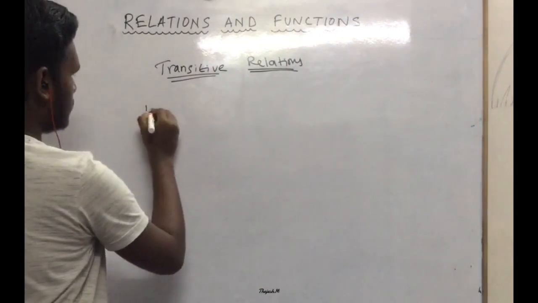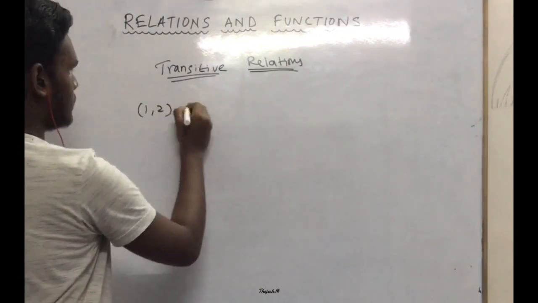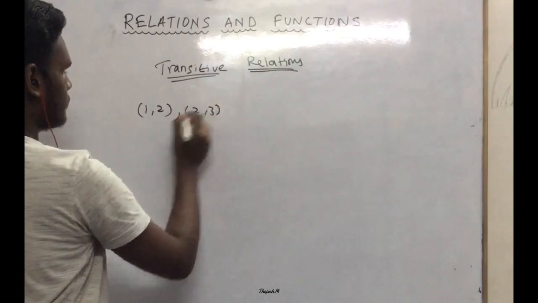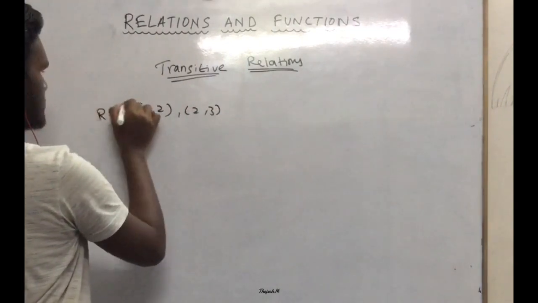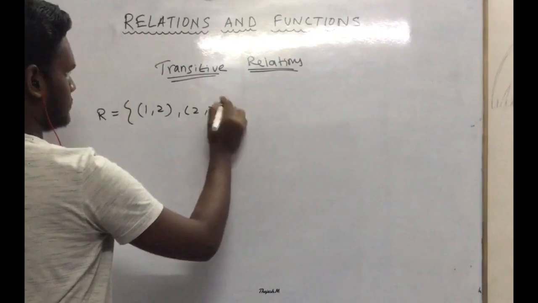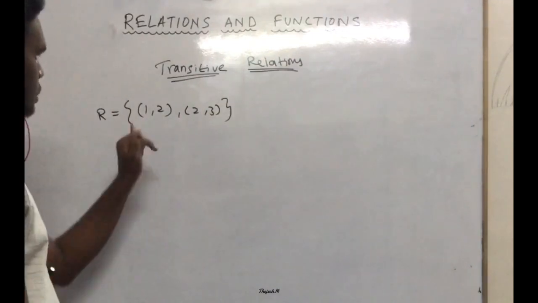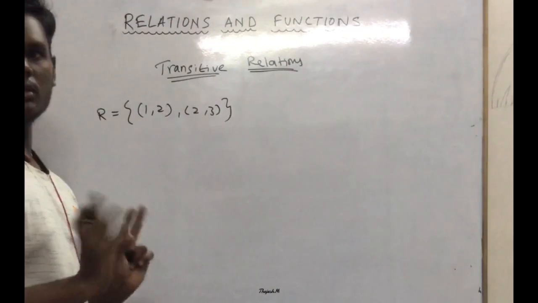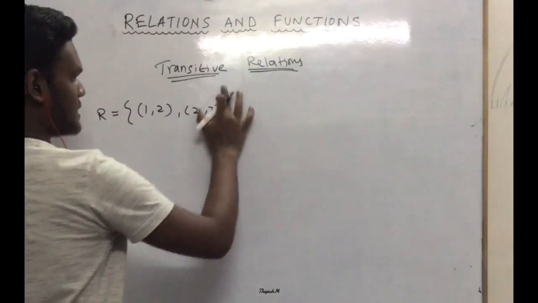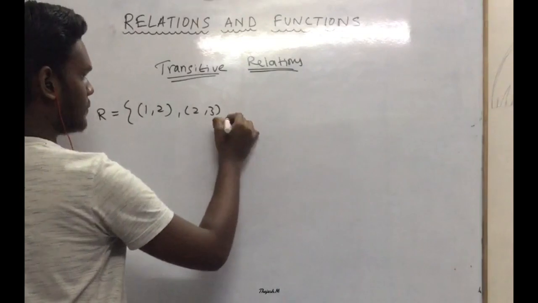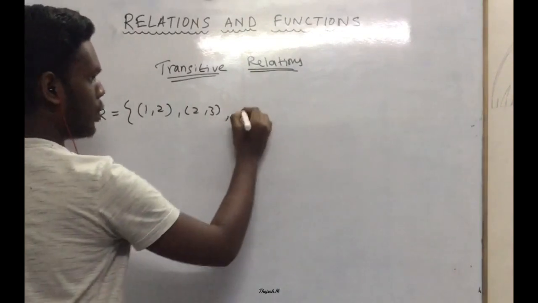So let's say (1, 2) and (2, 3) are present in a relation. Okay. Now, to make this a transitive relation, I must have another ordered pair, (1, 3).